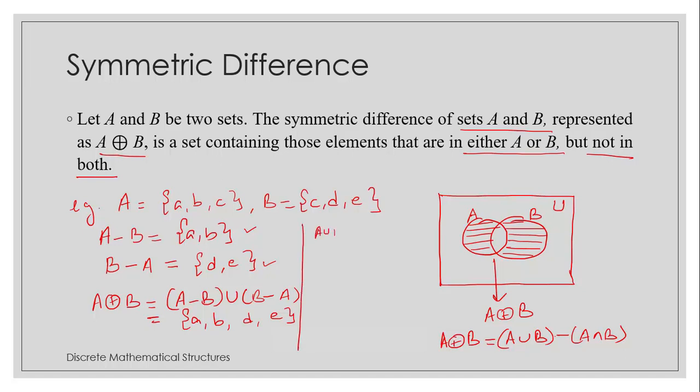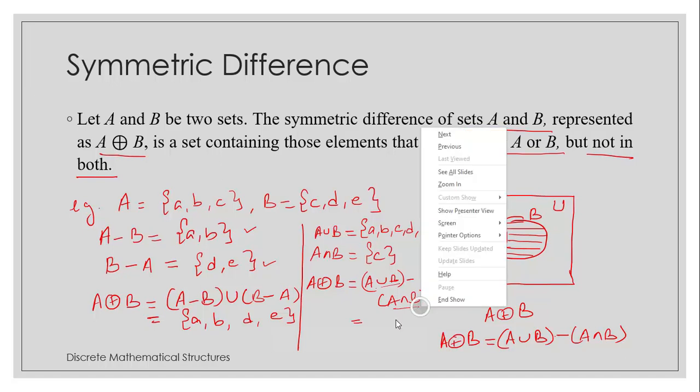Now let's say we want to find A union B, that will be A, B, C, D, E. Then A intersection B will be equal to C. Now the symmetric difference of A and B is A union B minus A intersection B. That means all the elements which are present in the union but not present in the intersection.